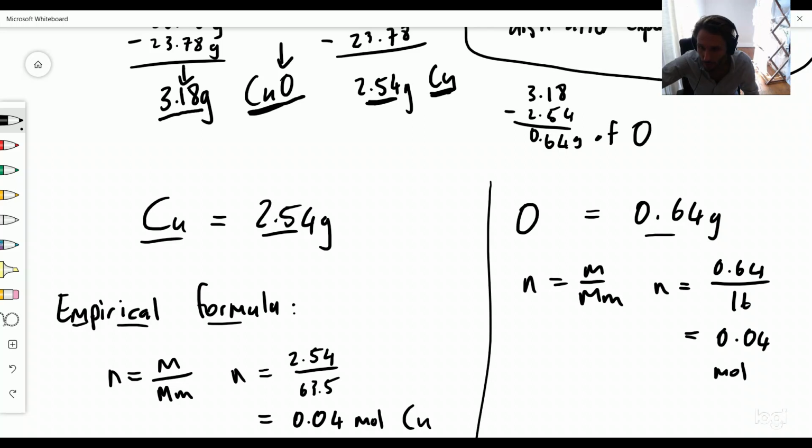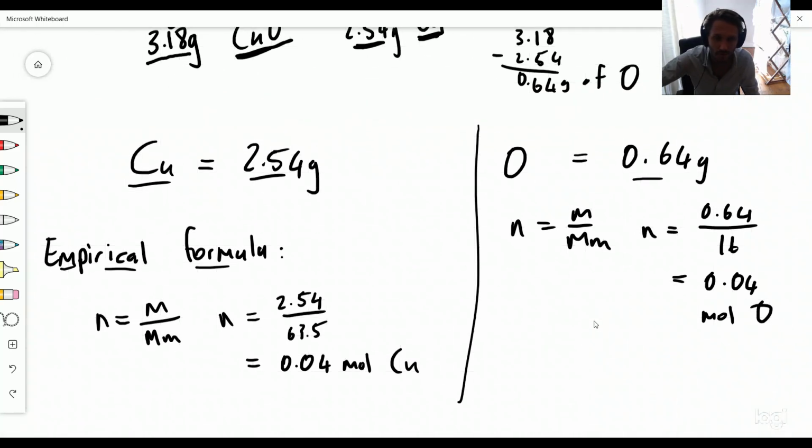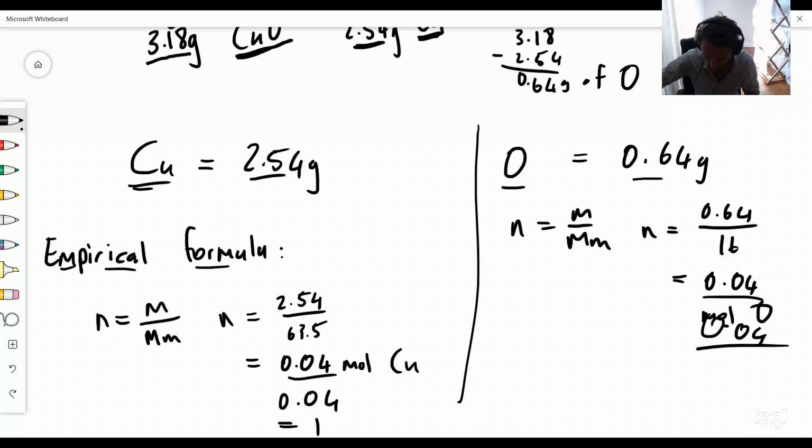Okay, now remember, when we're working out the empirical formula and we are working with two different elements here, copper and oxygen, it doesn't matter if we're working with 3 elements or 4 elements or 5, we divide by the lowest number. So we can see it's the same here. Divide by 0.04, that's going to give me 1, divide by 0.04, that's going to give me 1.